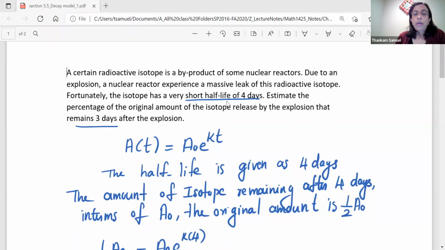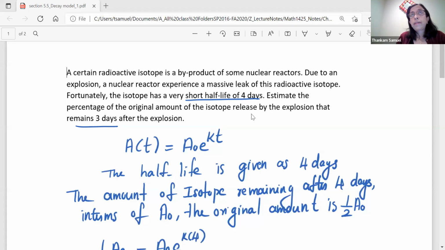The half-life of a substance is the time required for half of the given sample to disintegrate. So if you assume the original amount as A sub 0, then after a period of 4 days, the amount becomes 1/2 of A sub 0.